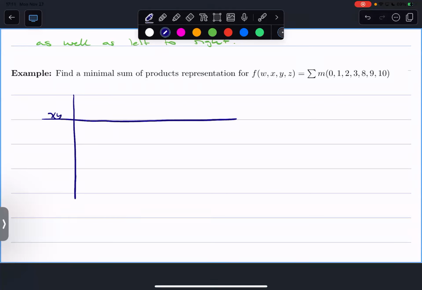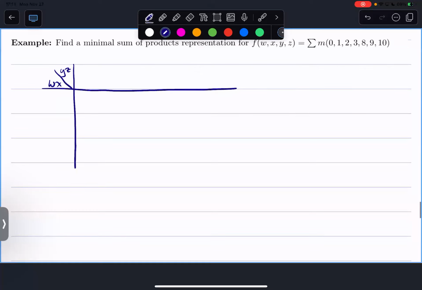Got WX, YZ. 0, 0, 0, 1, 1, 1, 1, 0, 0, 0, 0, 1, 1, 1, 1, 0.